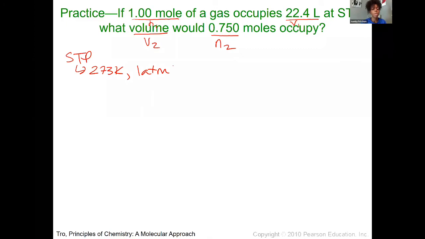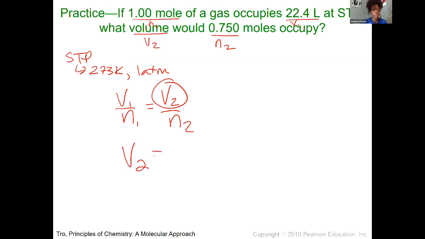We would use the equation V1 over n1 is equal to V2 over n2, and we're solving for V2. We rearrange, and V2 equals V1 times n2 divided by n1. The great thing about these problems is they're ready to just plug and chug.